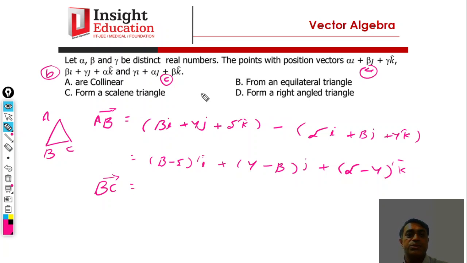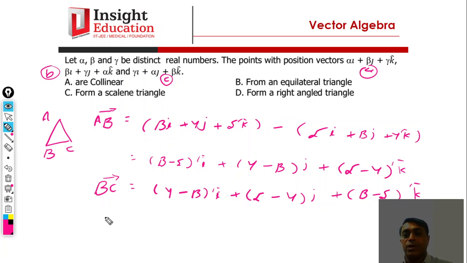Similarly, we can find BC. Now BC is directly C minus B. So first part is gamma minus beta i plus alpha minus gamma j plus beta minus alpha k.